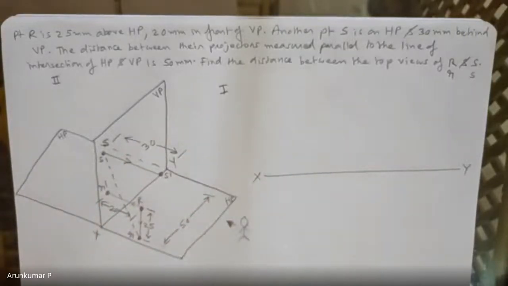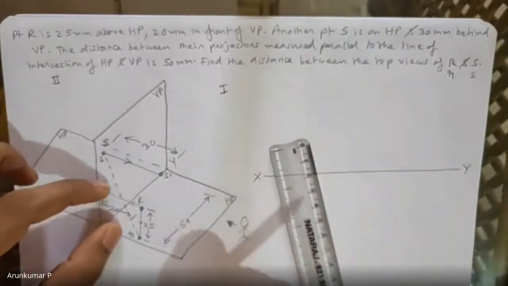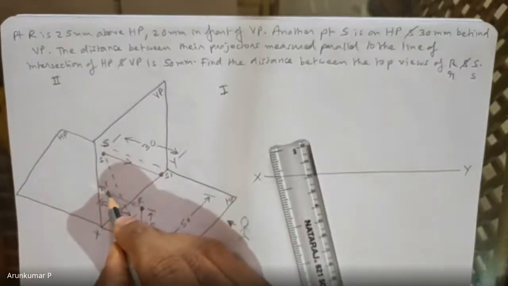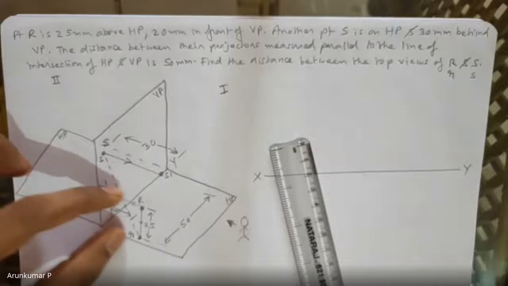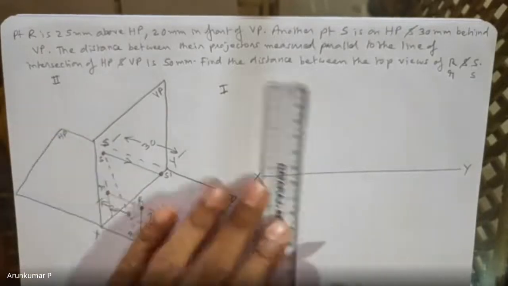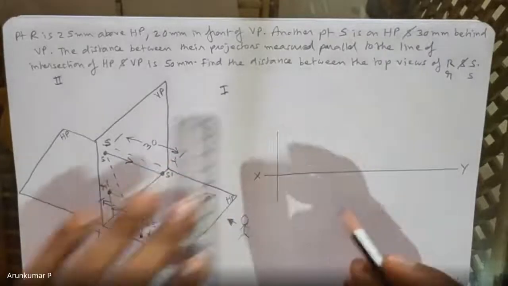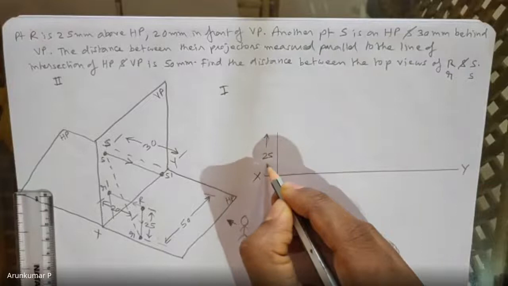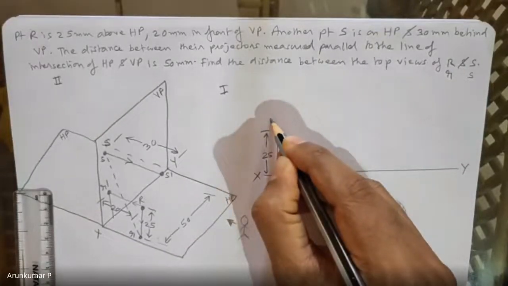On the left side, 25 mm above. So I hope this is clear. R dash is at what distance from the XY line? 25.